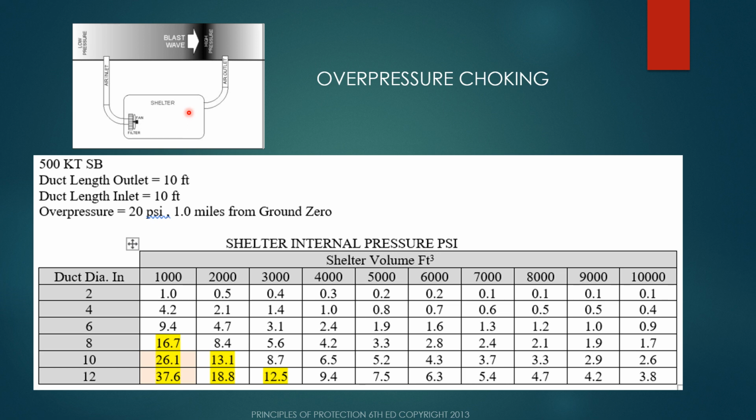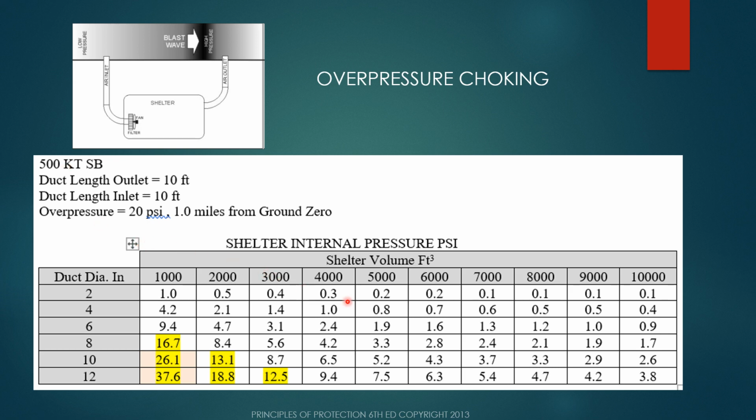The overpressure is over. So what you can do, and there are other examples in the book: we used a 500 kiloton surface burst for this. A duct length on the outlet of 10 feet, a duct length on the inlet of 10 feet, at 20 psi overpressure, which happens to be 1 mile from ground zero for a 500 kiloton surface burst.